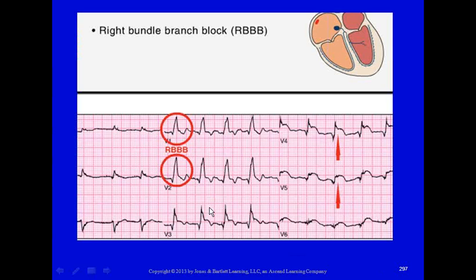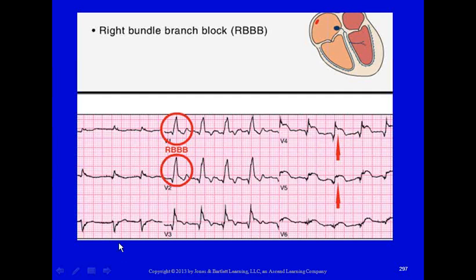So how do I know I'm dealing with a bundle branch block? One, you might have a really wide QRS, and that's going to tell you that you could have a bundle branch block. Look for QRSs that have a notch to them, or rabbit ears.